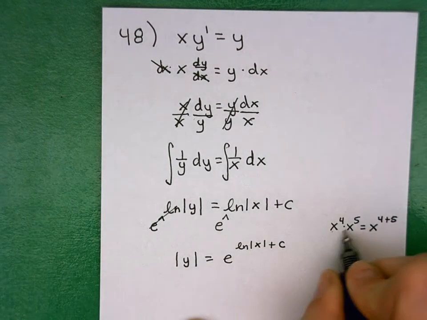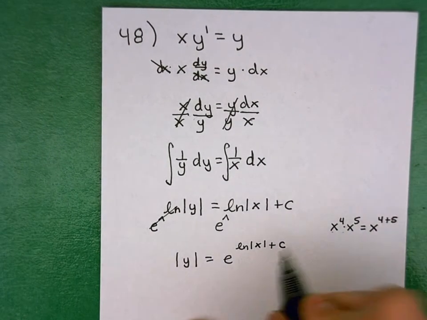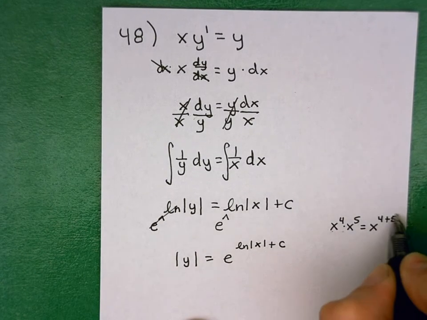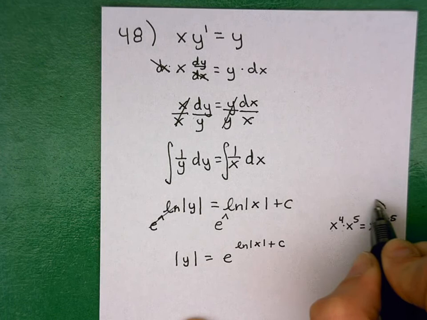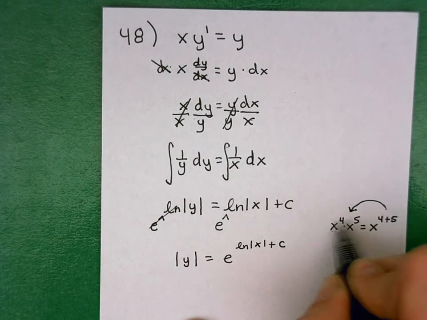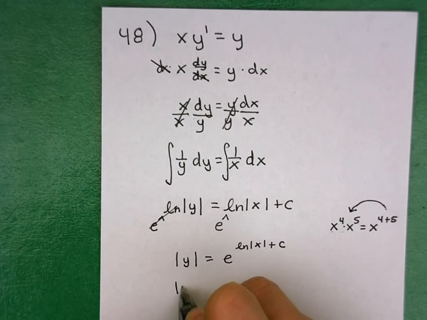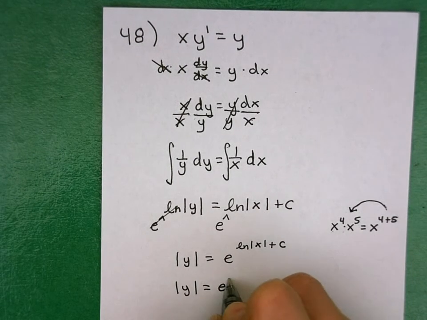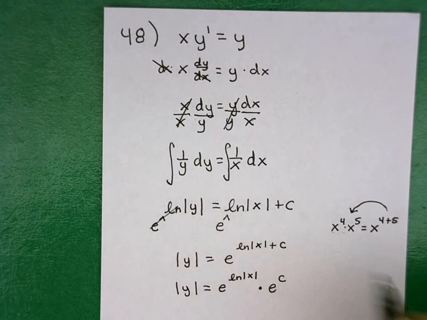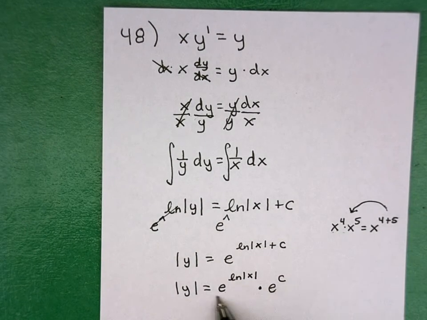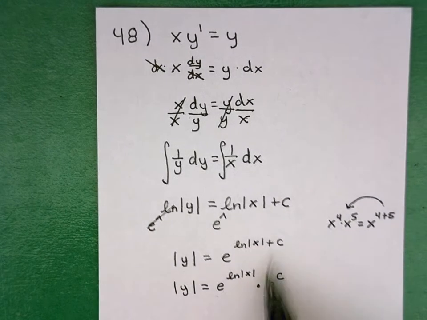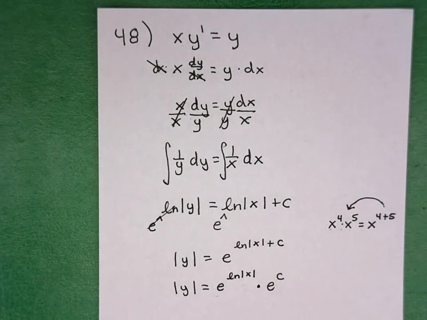Well, right here I see that I have two exponents being added together, which means technically, originally, it was two of the same base with those exponents. And so I can go ahead and rewrite this as e to the natural log of the absolute value of x times e to the c. Again, two like bases, we add their exponents, so we're undoing that step.